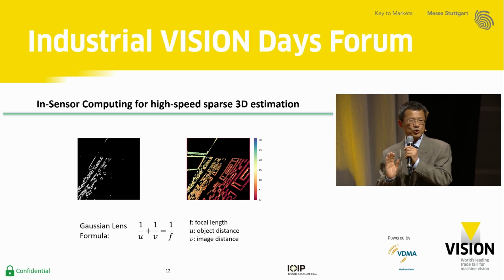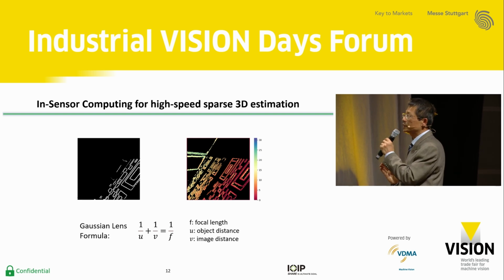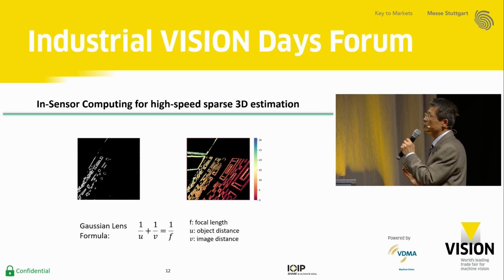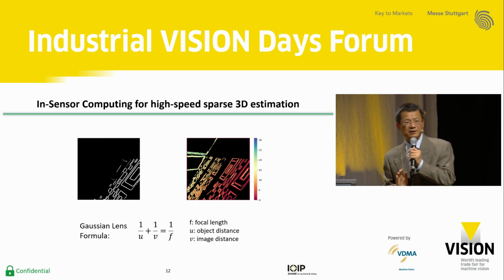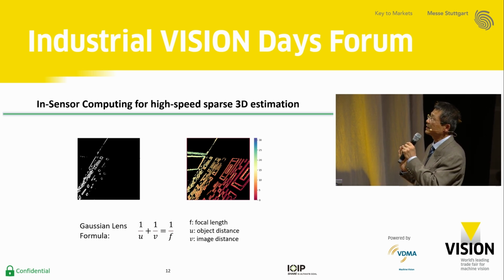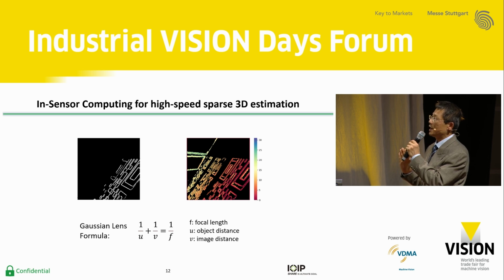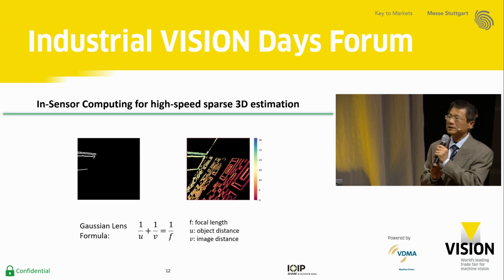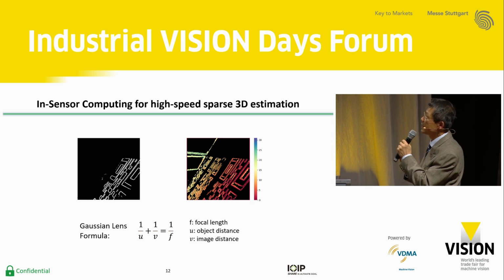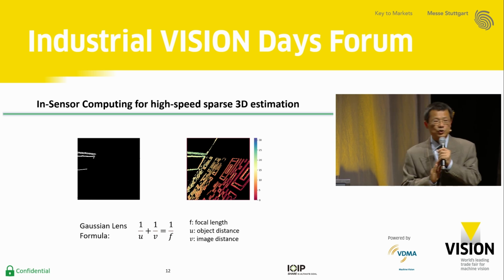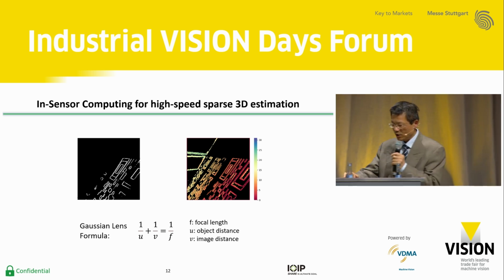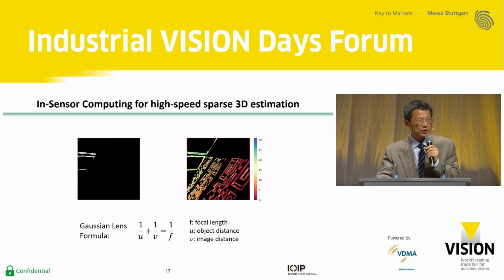Then we use the Gaussian lens formula to get the object distance, so using this we can take pictures and get the object distance. On the right side you can see that we use different colors to show the different distances. That is our solution.